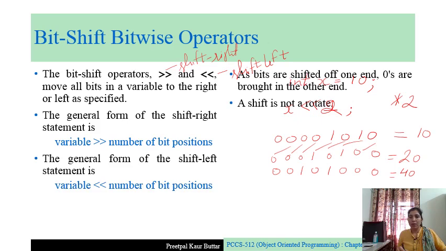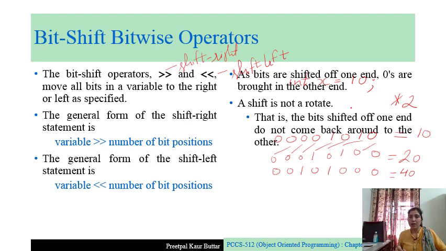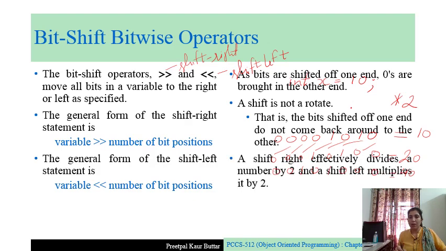Note here that shift is not a rotate. Rotate means we are rotating the values, where the values getting out from one side are appended at the other side. This is not done. Instead, the bits shifted off one end do not come back at the other. Shift right effectively divides the number by 2, and shift left multiplies it by 2.